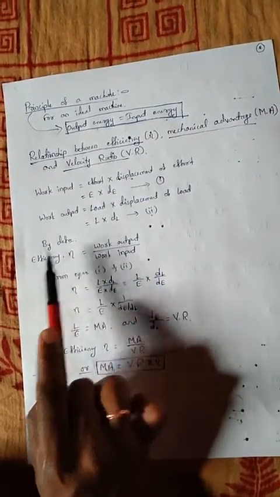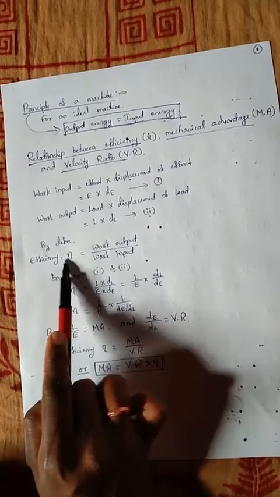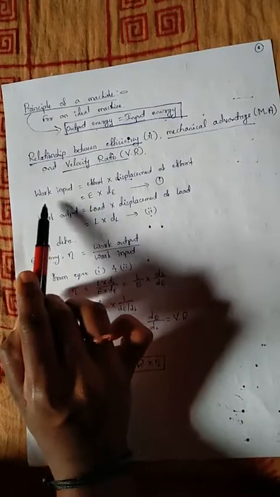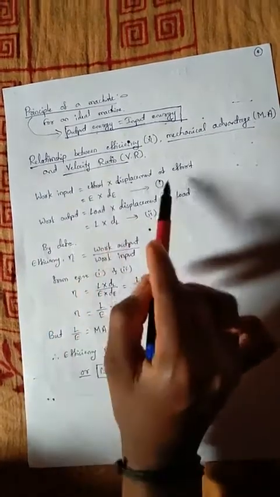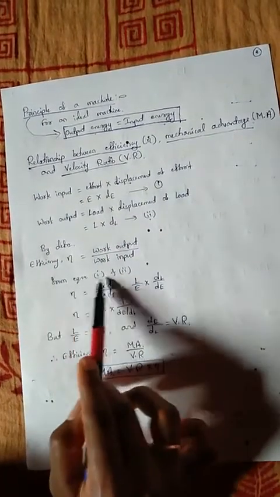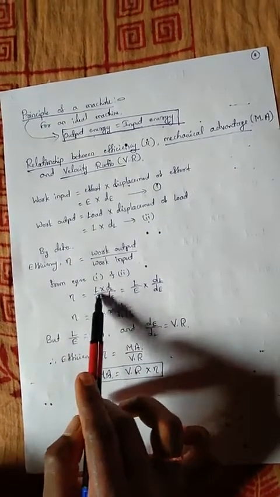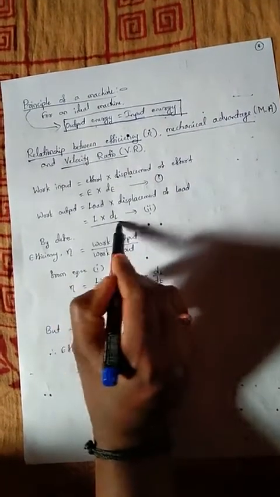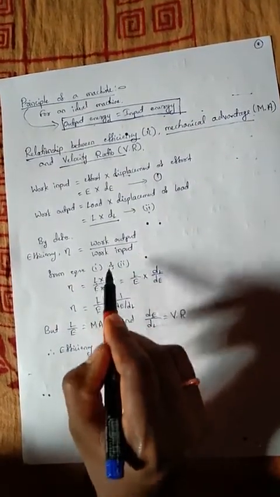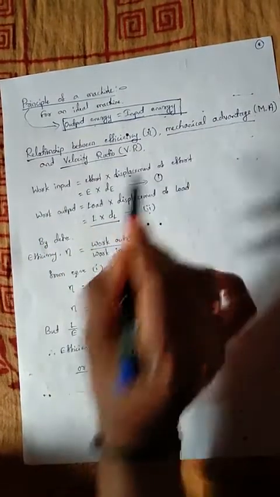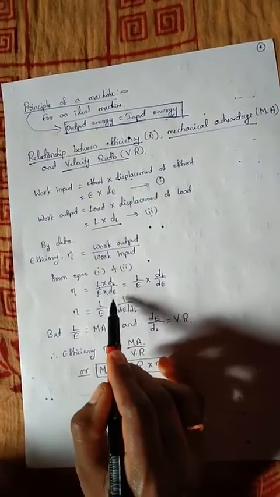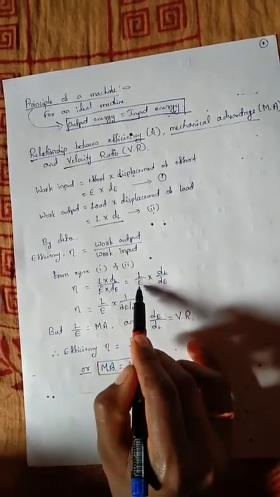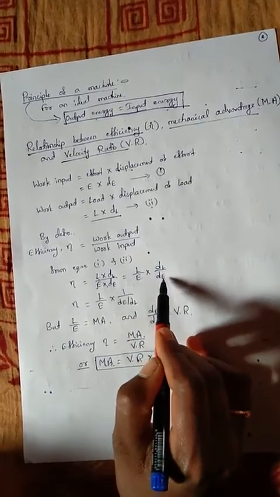By the definition of efficiency, efficiency eta is equal to work output by work input. We got the two expressions, work input and work output, equations 1 and 2. So from equations 1 and 2, efficiency eta is equal to L into DL upon E into DE. Rearranging, this is equal to L upon E into DL upon DE.